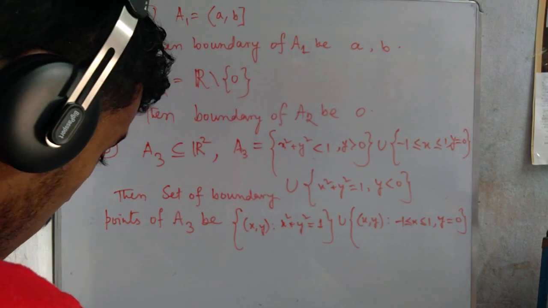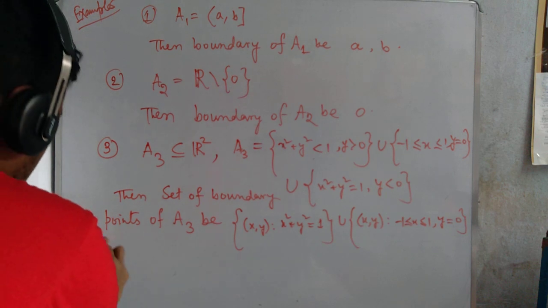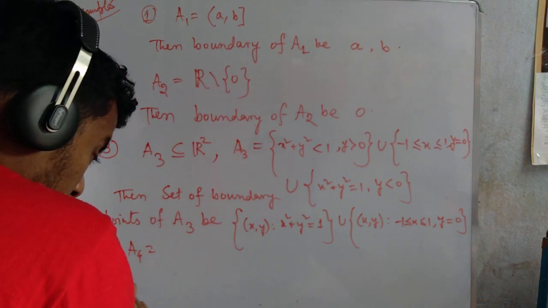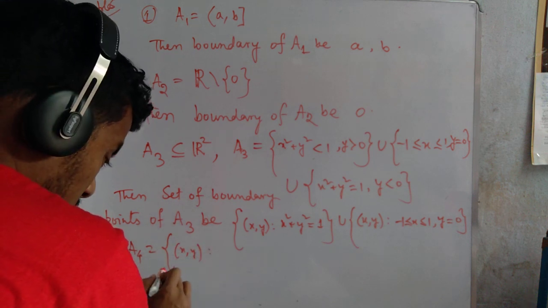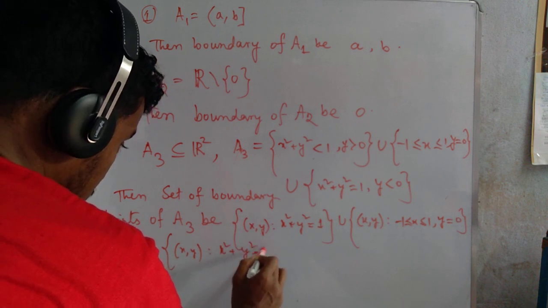Now we are going to further discuss A4. We write A4 equal to the set of (x, y) such that x square plus y square equal to 1.